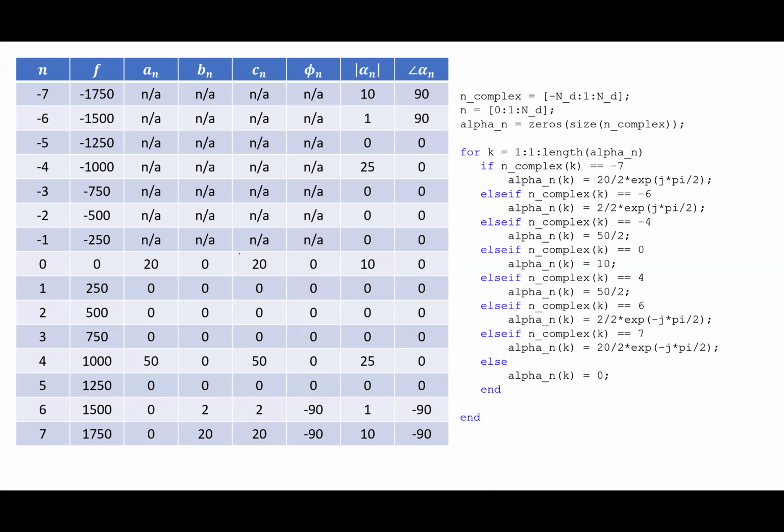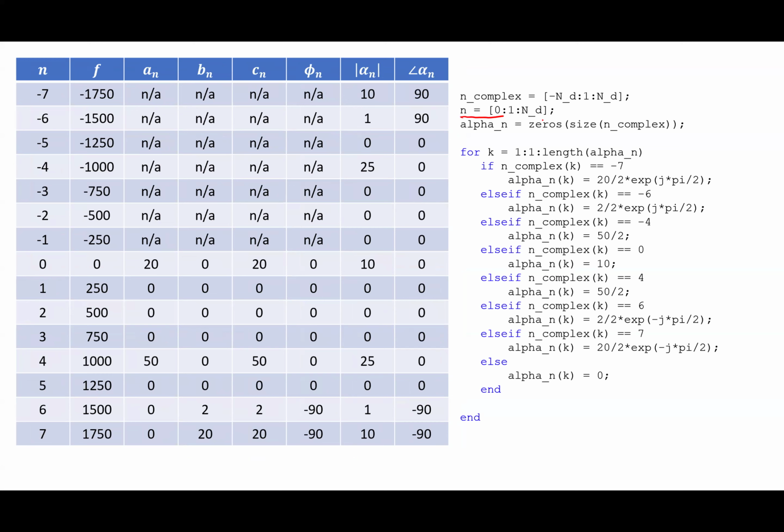So let's start with this guy first, little n. How many entries are there going to be in that? And we said n sub d was 7. 8. We have 0, 1, 2, 3, 4, 5, 6, 7. Okay, that's 8 entries. What about this guy? N complex. What am I doing here? This guy is going to have 15 entries.